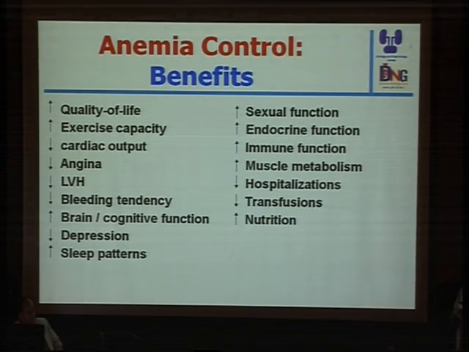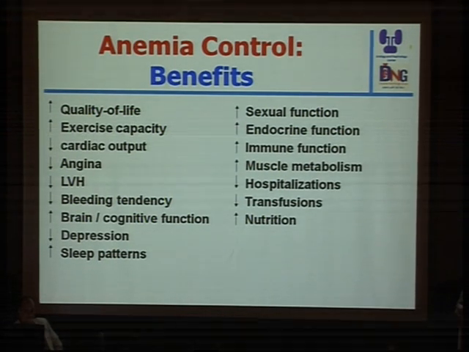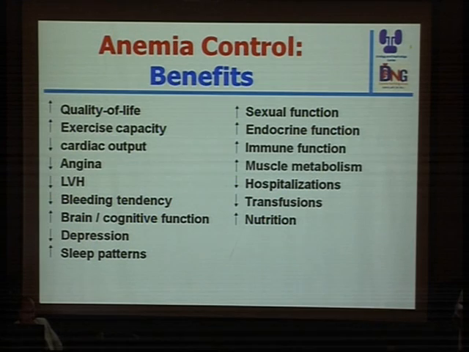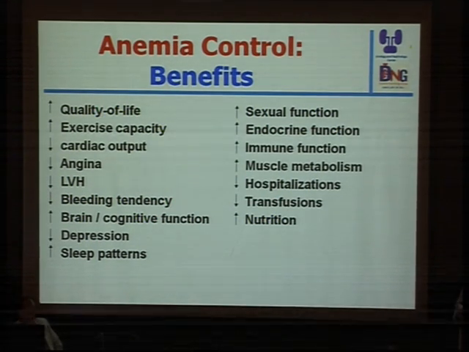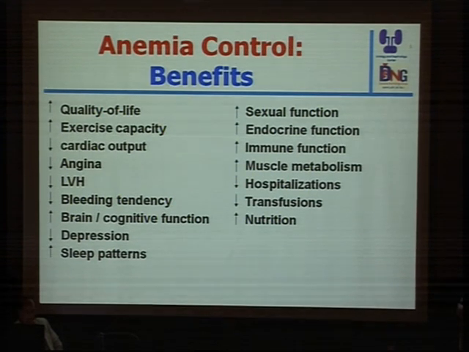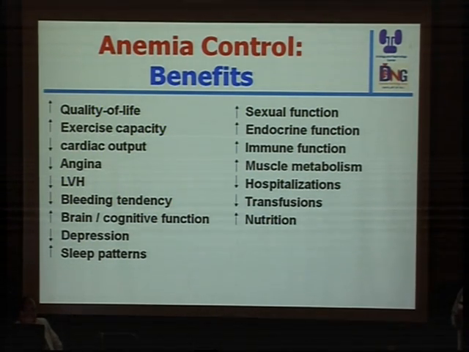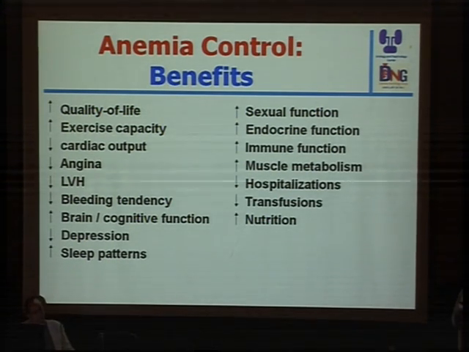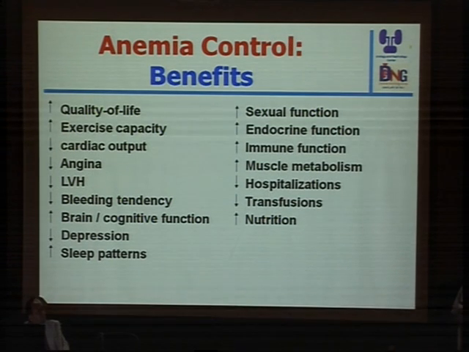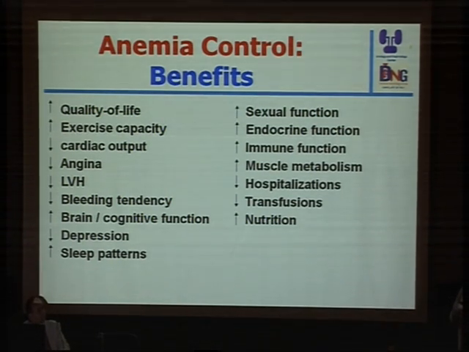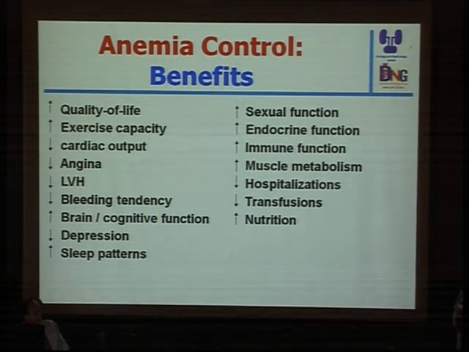Anemia control improves cognitive function, improves depression, improves sleep patterns, improves sexual function, improves endocrine function, improves immune function, improves muscle metabolism, it decreases hospitalization, and this will reduce the cost, decreases the need for blood transfusion, and this by its own is a goal for us, to avoid blood transfusion, because we don't know in the future how many organisms will be discovered to be transmitted by blood.